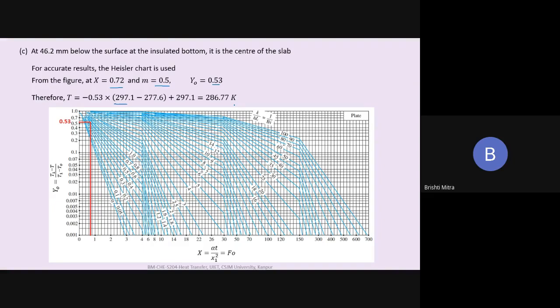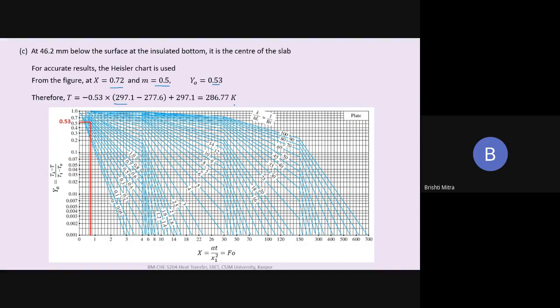The next case is when we cannot use a lump parameter model, and we have understood three types of cases. The first was the case where there was no convective heat transfer resistance, only conductive heat transfer resistance inside the slab, and we found out how to calculate the temperature by using the infinite Fourier series.